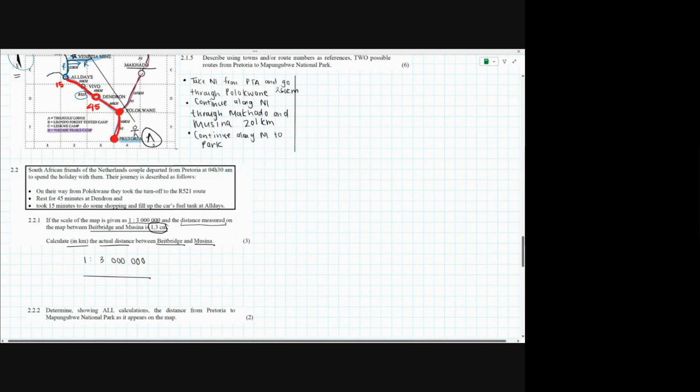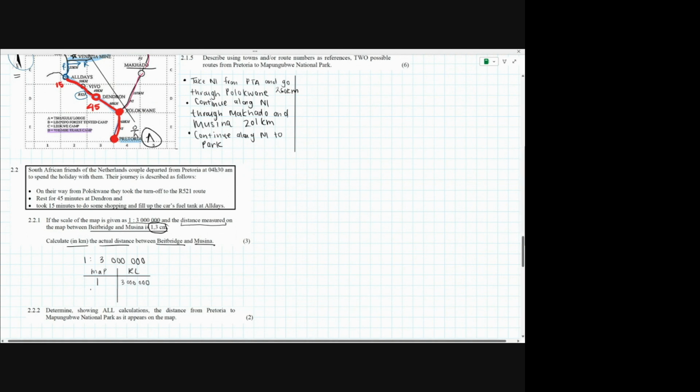There's no reason to overcomplicate this and do fancy things when we have this little trick method that we can use. We are trying to go from a map measurement to a real life measurement, so map to real life. Our scale is 1 unit on the map is 3 million of the same unit in real life, and we can do a conversion a bit later.